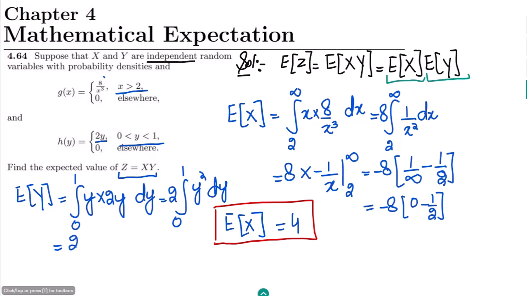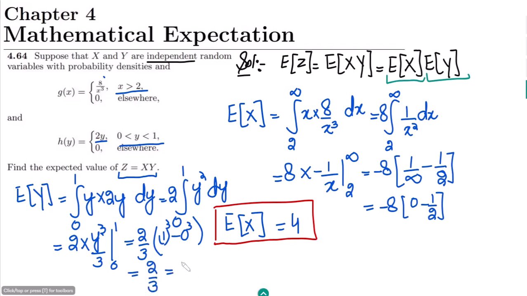It would become 2 multiplied by y cube divided by 3 from 0 to 1, so 2 by 3 times 1 cube minus 0 cube. So we will have here 2 by 3. This is E of y.